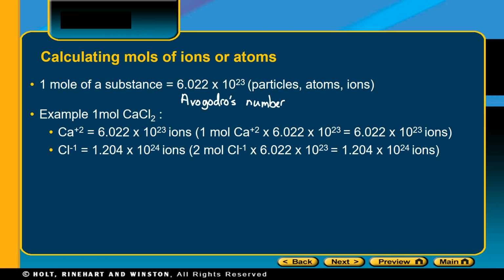Now, chlorine, I have 2 chlorines in it. So if I ask for how many chlorine ions in CaCl2, in CaCl2, I have 2 moles of chlorine. So 2 moles of chlorine times 6.022 times 10 to the 23rd gives me 1.204 times 10 to the 24th.